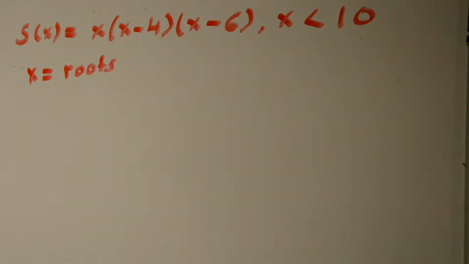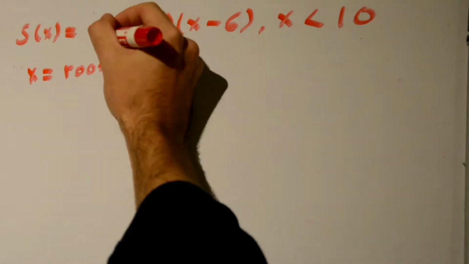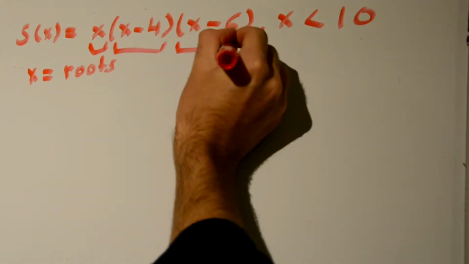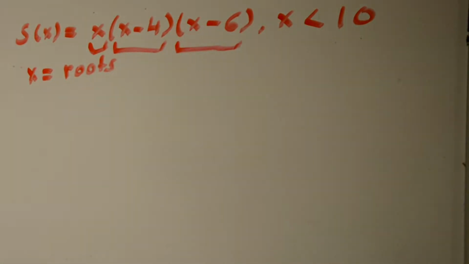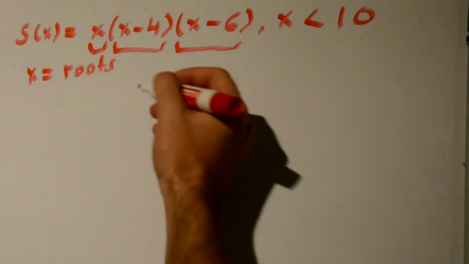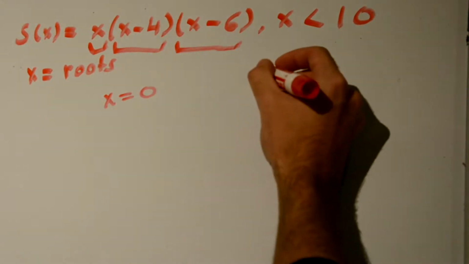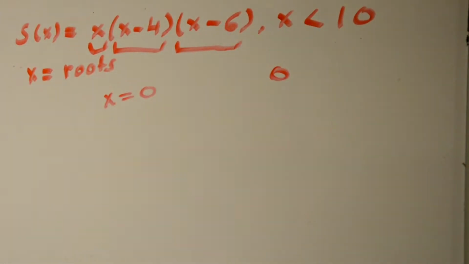To find the roots, we must split the function up into three parts: x, x minus 4, and x minus 6. Now, we must figure out what sets each one of these sections to 0. The first one's easy, as x equals 0, therefore 0 is one of our roots.